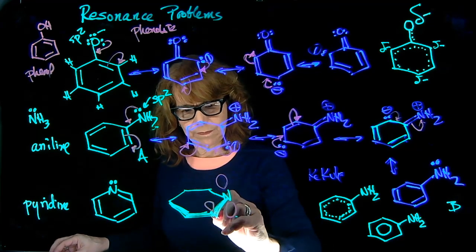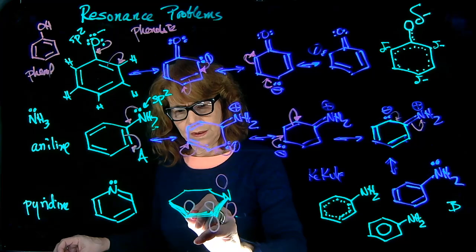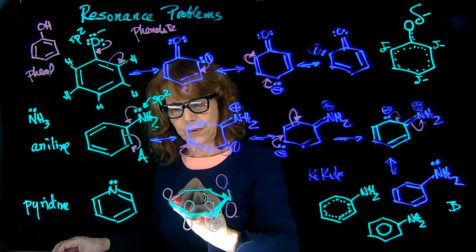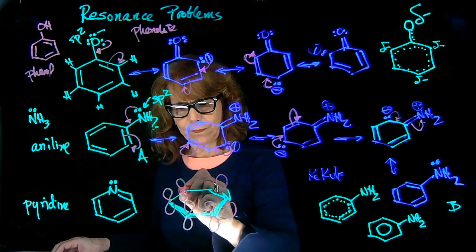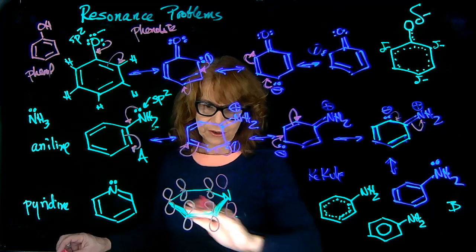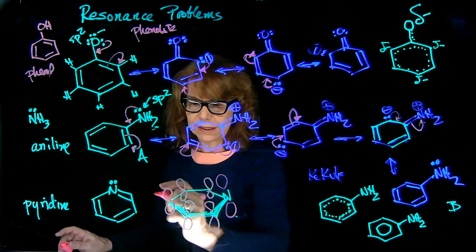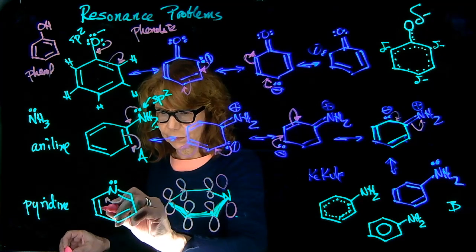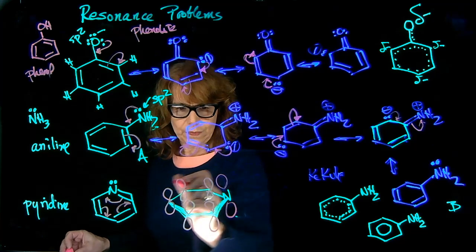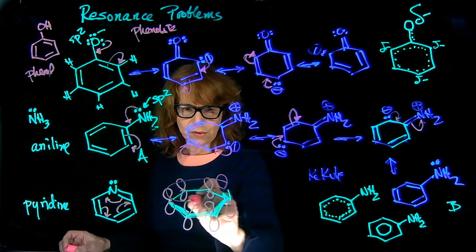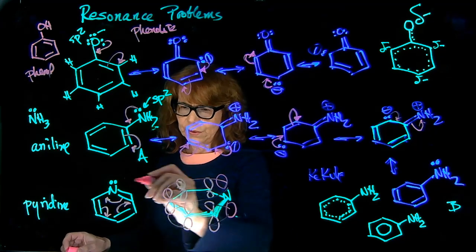Now, sp2 hybridized means you have a p orbital like that. And all of those electrons are delocalized all over here in the ring because you have all of these overlaps. However, here you have a lone pair.